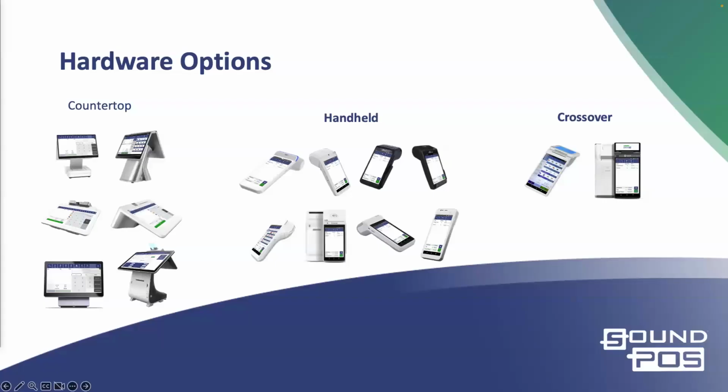Okay, all right, so these are our hardware options. We got quite a bit, but they can be broken down into three main categories. So we have the countertop devices, the handhelds, and the crossovers. The countertops are our biggest solutions, and they are going to be devices like the PAX E800 and the Terminology C3.